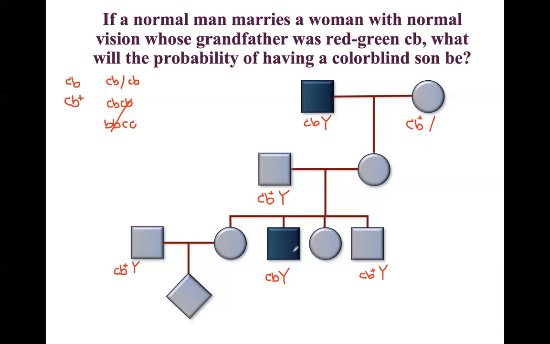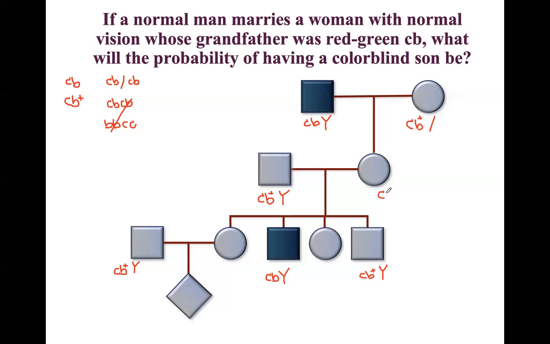Let's do the mom of this individual. The Y came from dad. So where did this CB come from? It came from the mom.